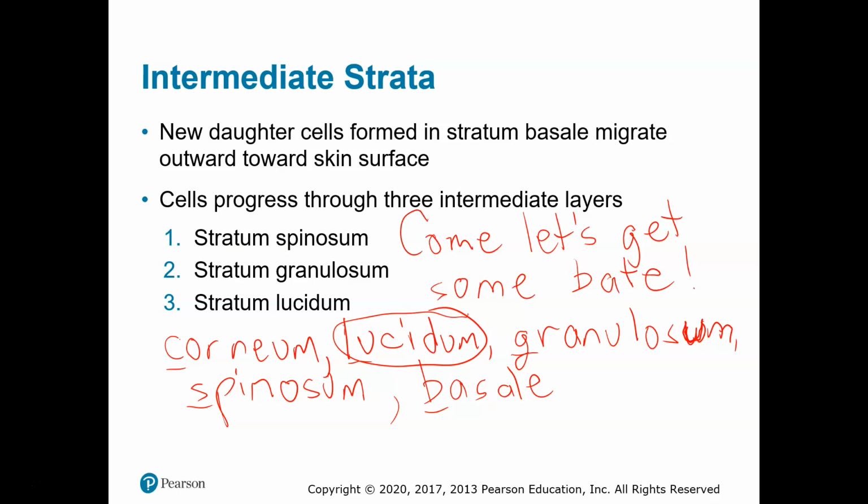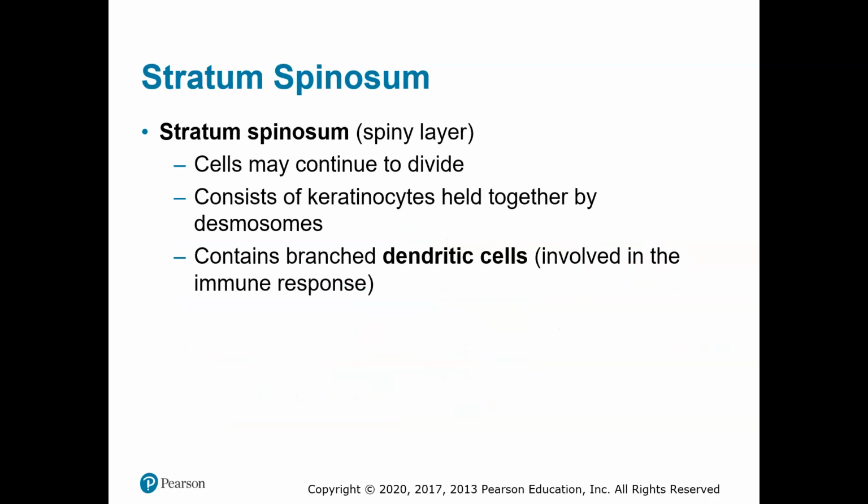Now, after new cells form in the stratum basale, they migrate toward the skin surface, starting with the stratum spinosum, then the granulosum, then the lucidum. The stratum spinosum is called spinosum because under a microscope it appears to have spines. In the stratum spinosum, cells may continue to divide, so the cells are still living, but the cells are keratinocytes that are held together by desmosomes.